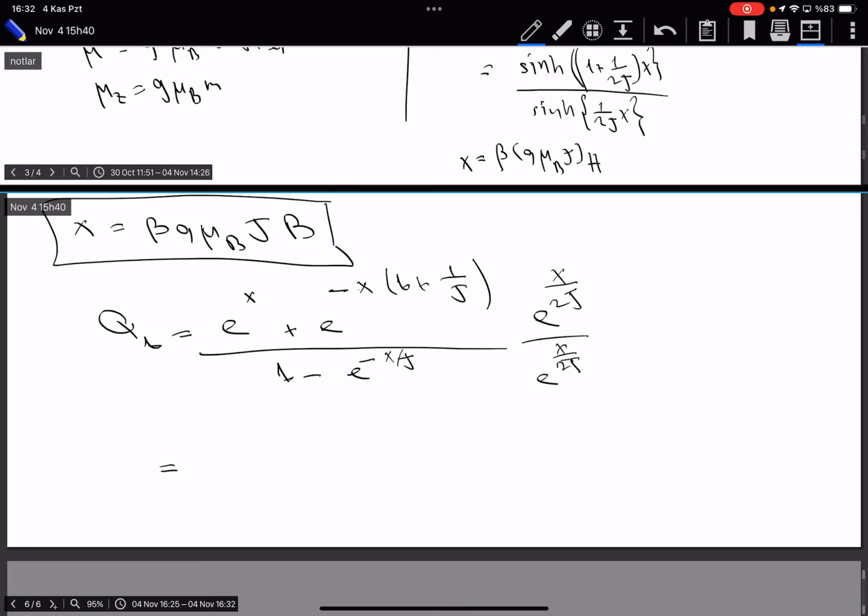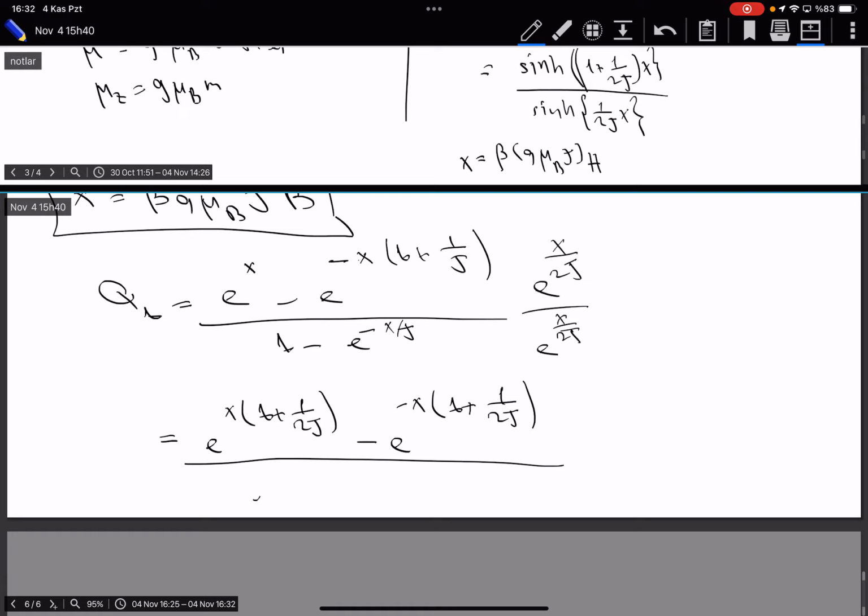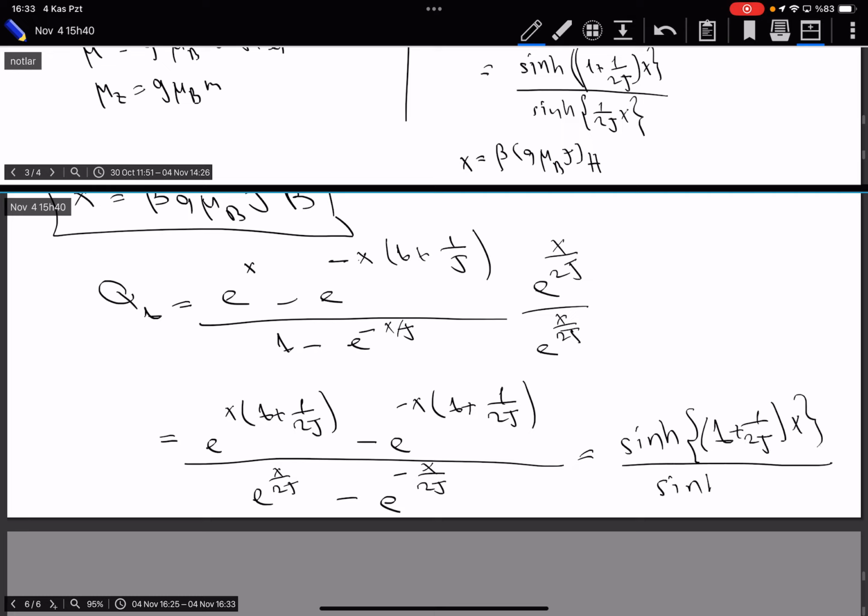So that this becomes e to the power X 1 plus 1 over 2J, minus e to the power minus X 1 plus 1 over 2J, divided by e to the power X over 2J minus e to the power minus X over 2J. So this is sine hyperbolic 1 plus 1 over 2J times X divided by sine hyperbolic X over 2J. Okay, that's our Q1.